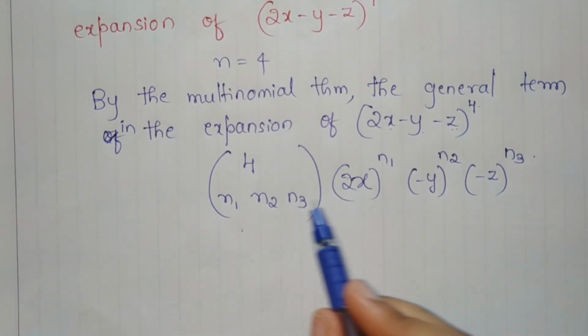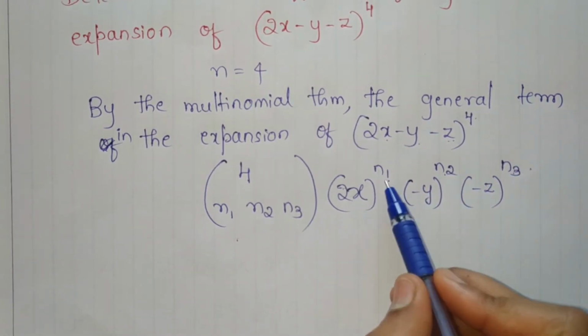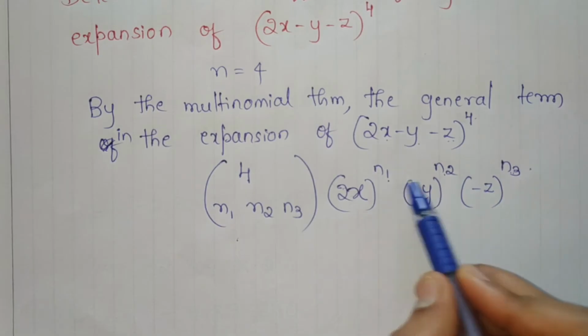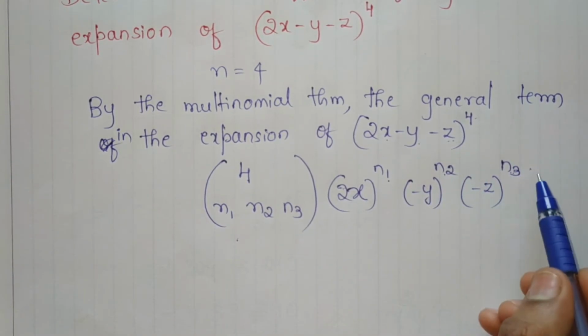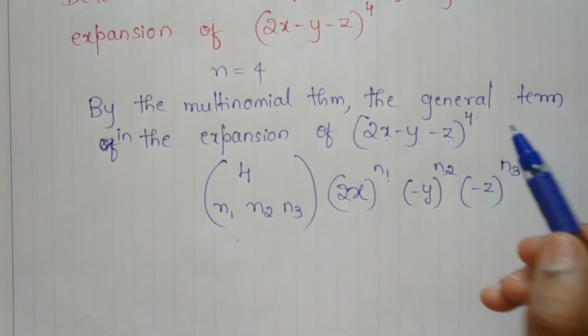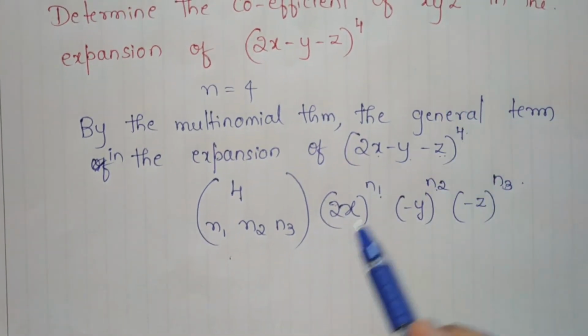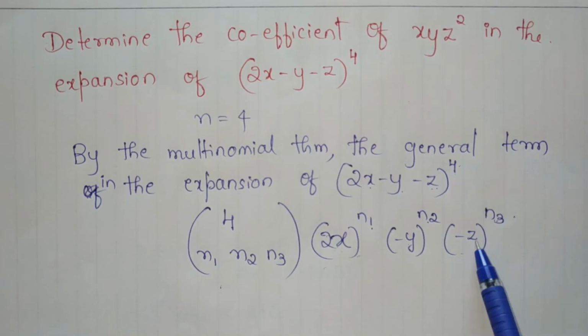Now we have to take n1, n2 and n3 values. So in the previous case we took 2, 2, 3, there 2 plus 2 plus 3 is equal to 7. Okay, so here we have to take the values so that the sum of these indices will be equal to 4. Also this term x y z square should come.